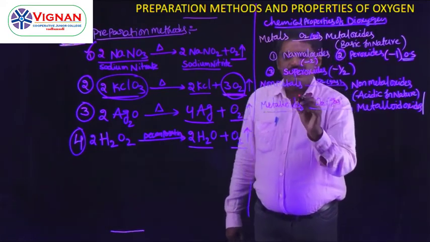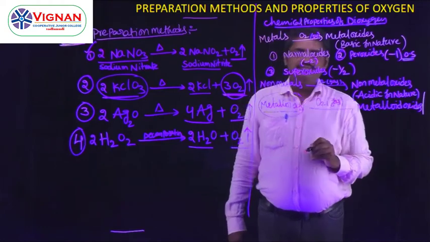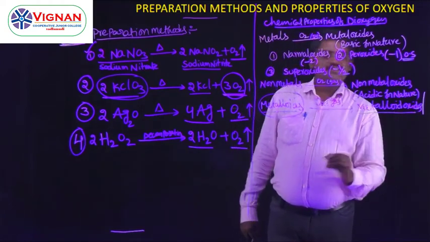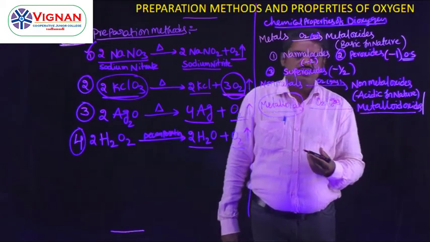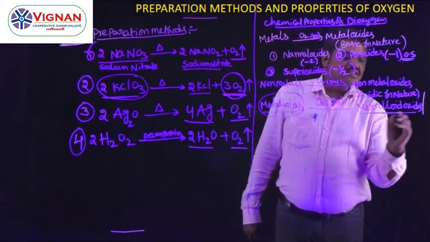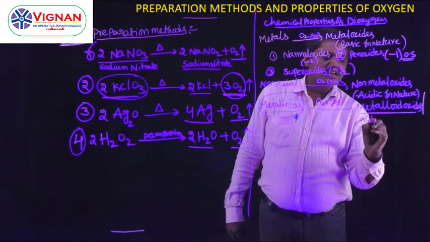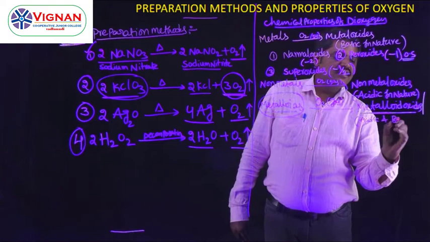The best example is aluminium, which reacts with oxygen gas to produce aluminium oxide, Al2O3. So metalloid oxides exhibit both acidic and basic nature.